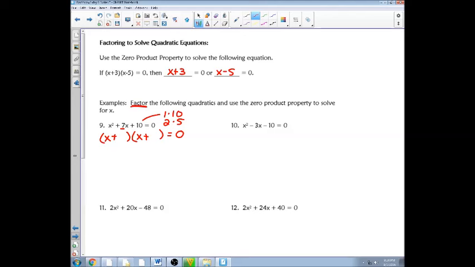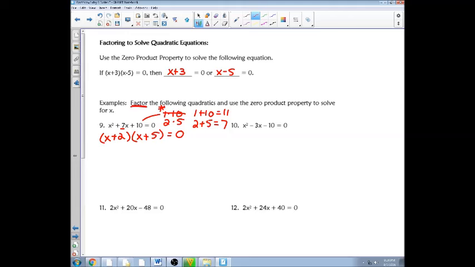Since both of my signs in my new parentheses are positive, that means whatever combination I use from these sets of numbers up here, both will have to be positive, right? So 1 plus 10 would get me 11. So 1 and 10 won't work. Will 2 plus 5 get me 7? Yes, it will. So my numbers are 2 and 5. All right?